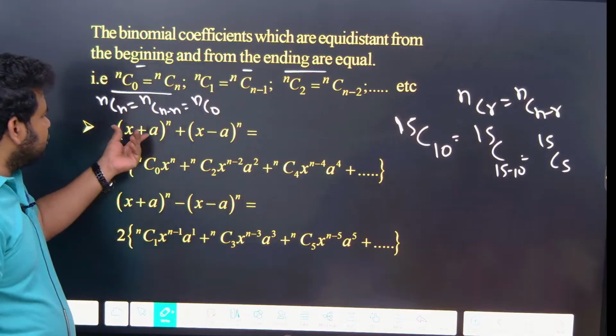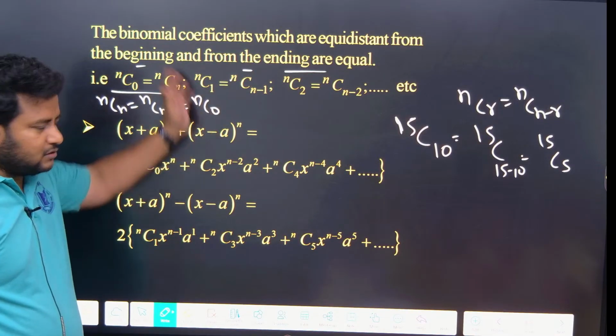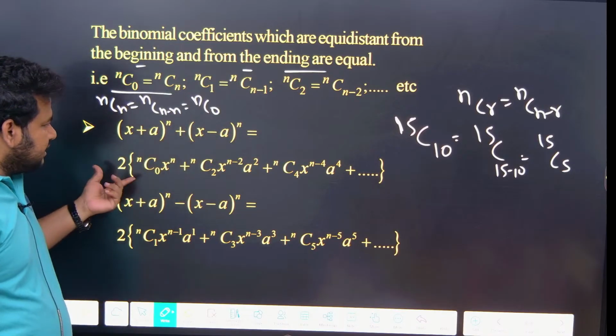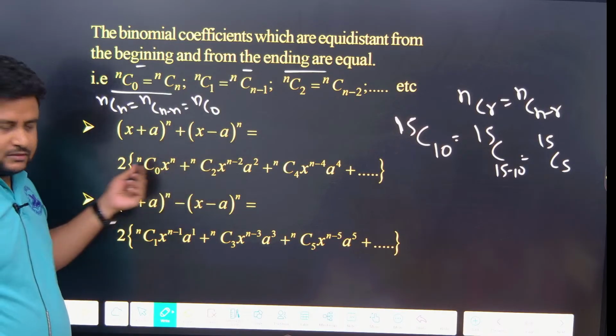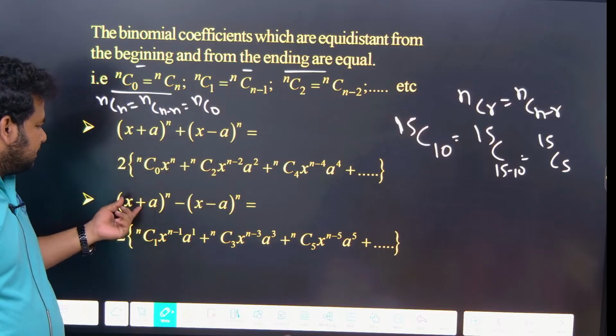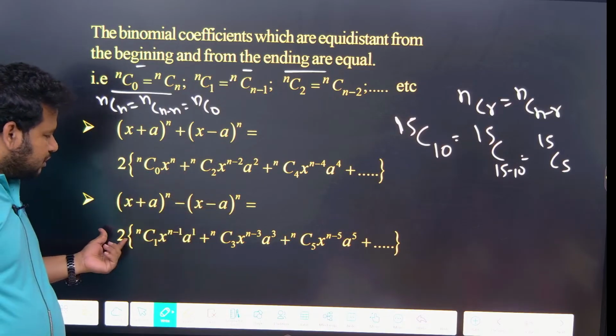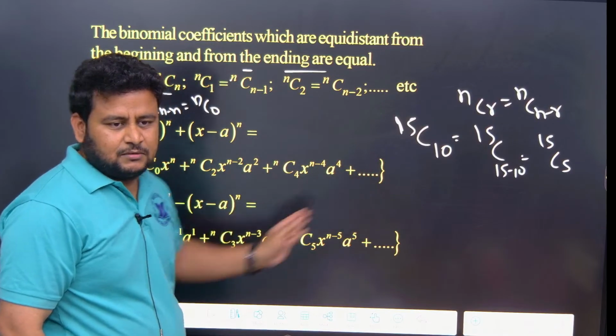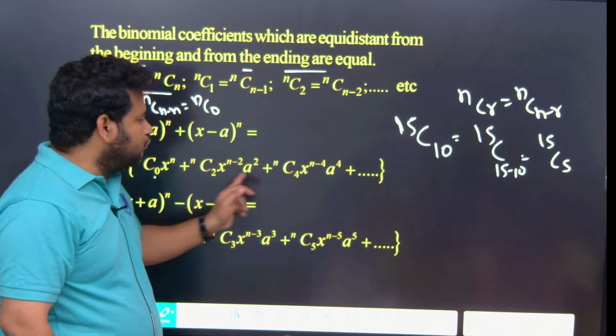Now (x plus a) to the power of n plus (x minus a) to the power of n. Already I have given the formula for this. That is nothing but equal to 2 times of this. If plus is coming, you will get even terms, but inside you will get 0, 2, 4 like that.